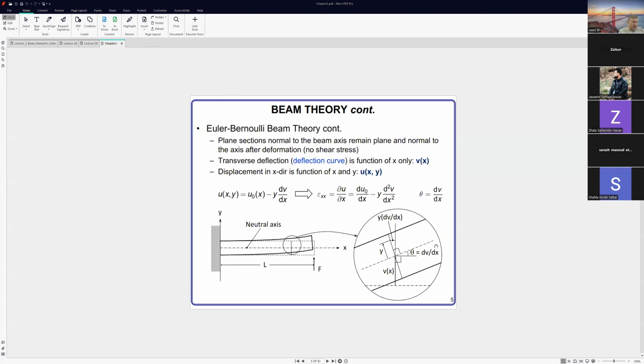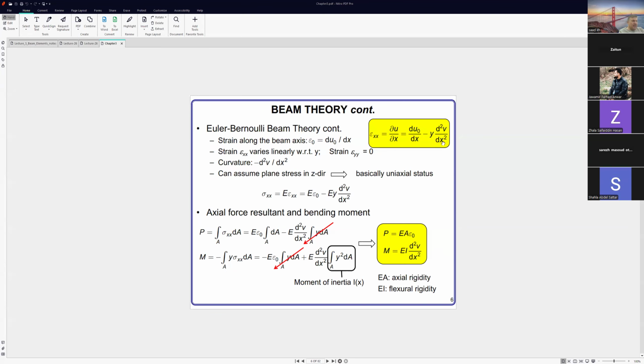If we take the second derivative, d squared v over dx squared, this means the curvature. So we can assume plane stress in the z direction, basically a uniaxial state, just in one direction.